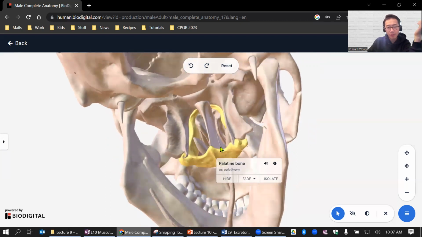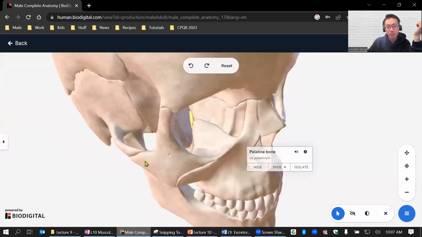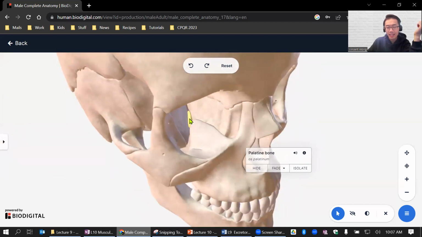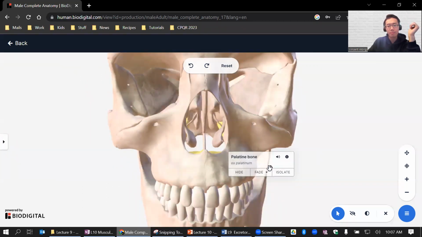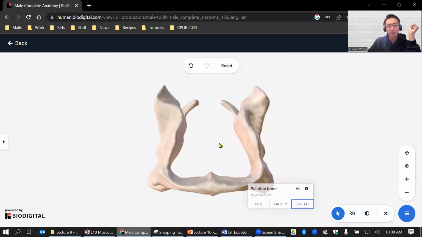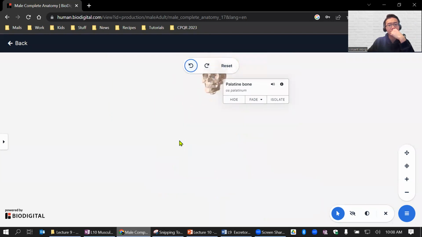And if we trace it all the way up, it also forms a tiny bit of your orbit. It's like a U-shaped bone. Let me see if I can isolate it right there. That's what it looks like. So that's the little part that pops up into your eye socket. It comes all the way down and forms your hard palate. Okay, that is it for the head.